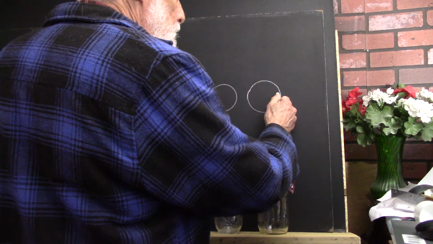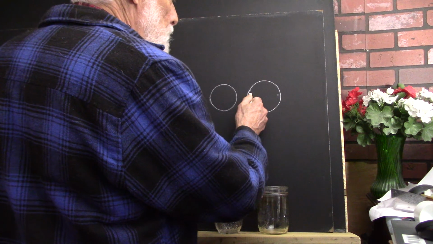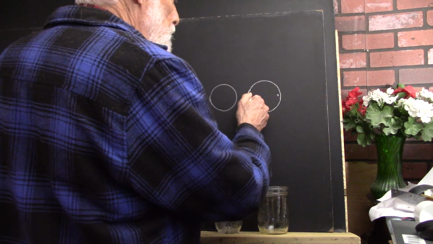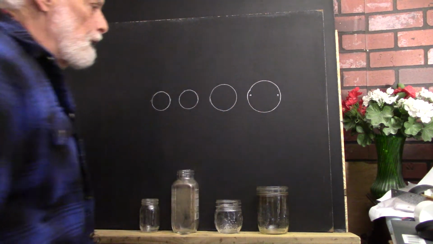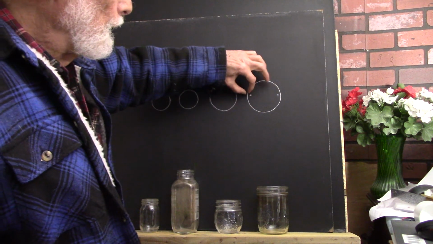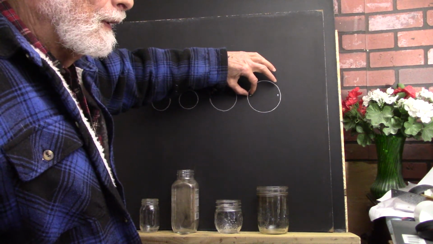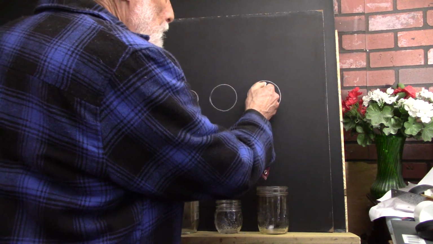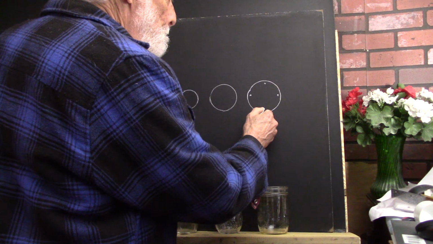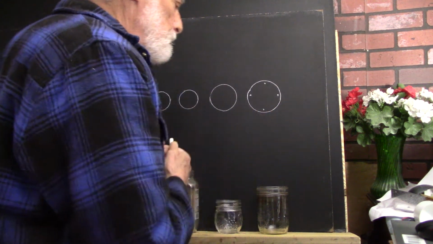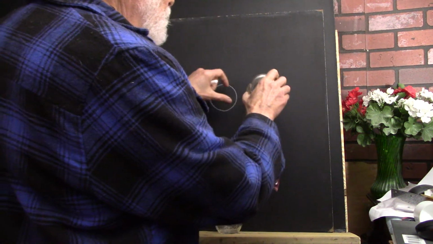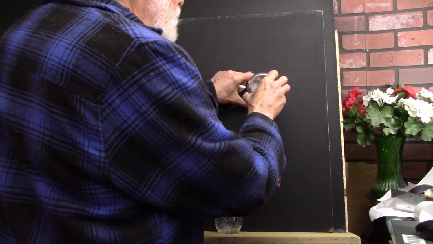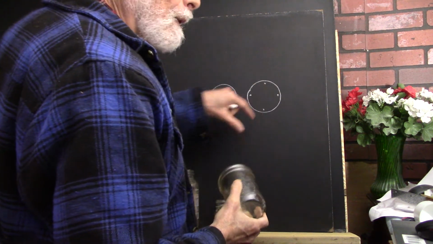It appears to me that the chalk mark is at least in error by this much on each side and top and bottom. In other words, the actual dimensions of the jar are better indicated by the marks that I've made here.